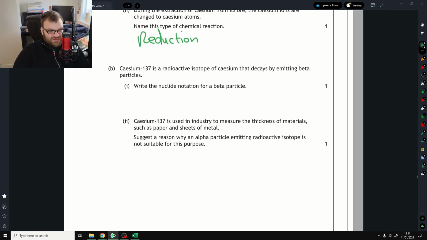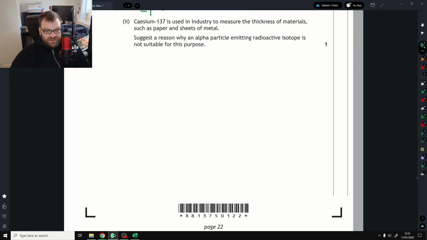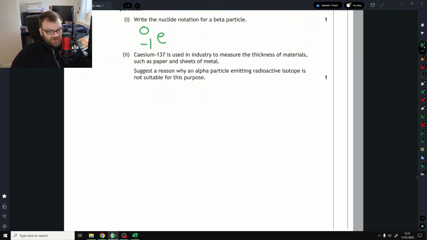This question wants us to talk about a beta particle. One of the earlier questions we had written that it's 0, -1 e. If it was alpha, that's the 4, 2 He. Next up, we're talking about the thickness of materials the particles have to pass through.